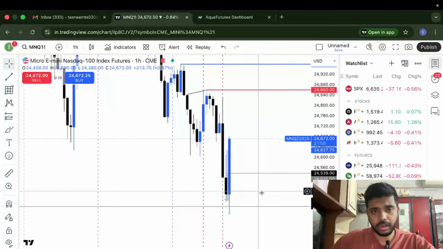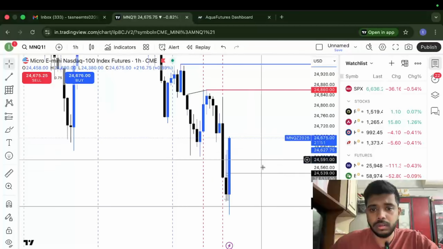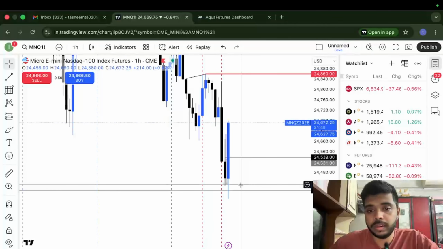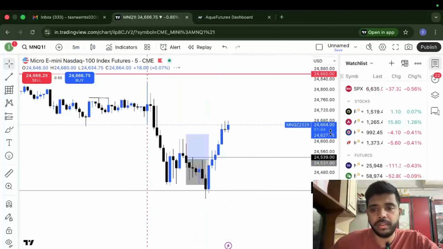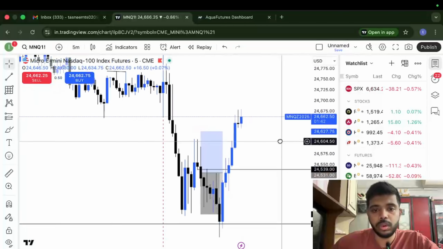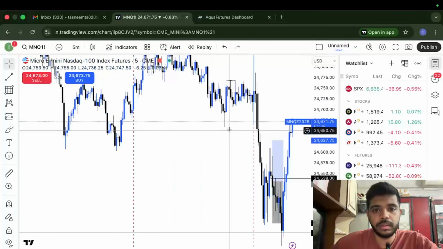Now we are getting a good move to the upside. I will tell you why we are getting this move to the upside now. Coming back to a 5 minute time frame, pre-market also gave us a sweep, as you can see here. Where is the pre-market?